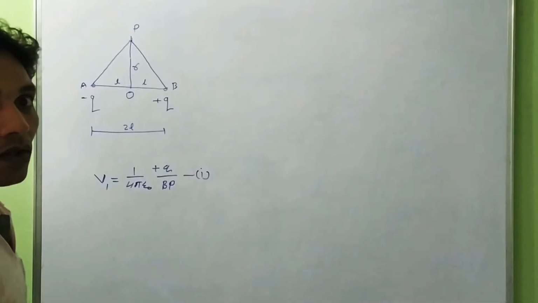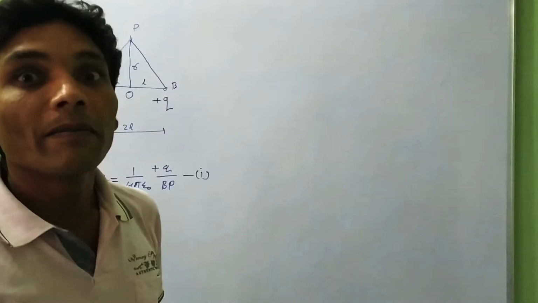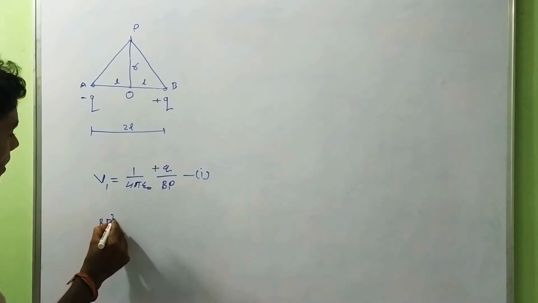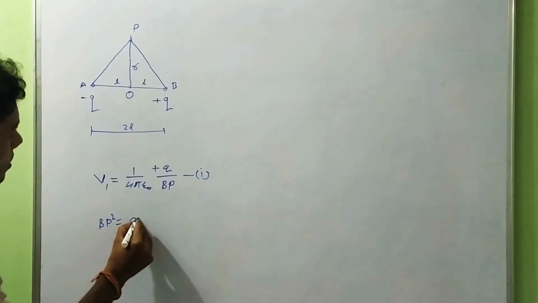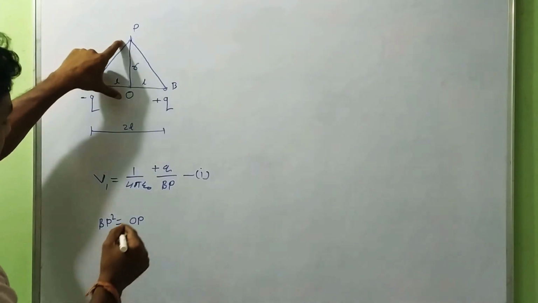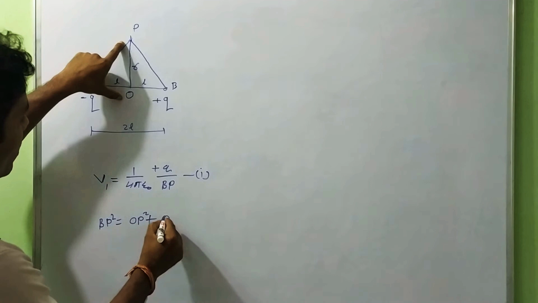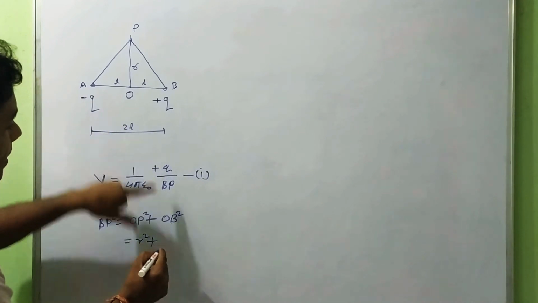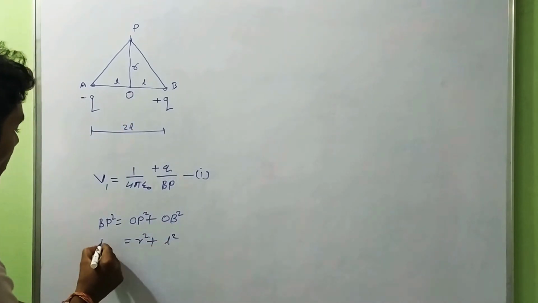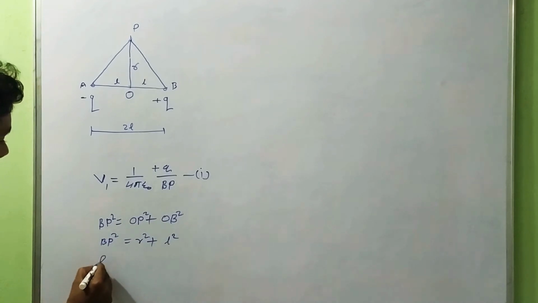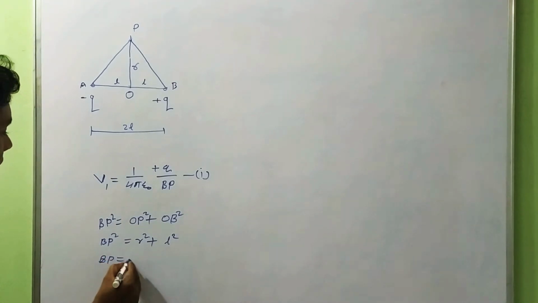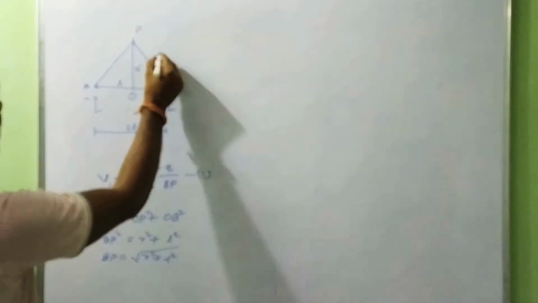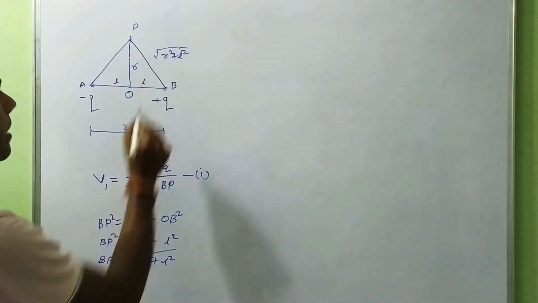So in the right angle triangle, by Pythagoras theorem, the square of hypotenuse equals the square of perpendicular OP plus the square of base OB, where OP equals R and OB equals L. So BP square equals R square plus L square, or BP equals root of R square plus L square.